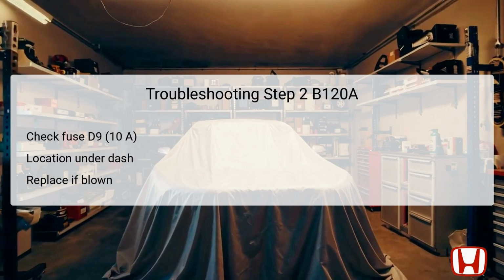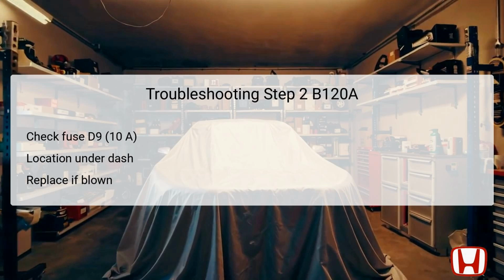In troubleshooting step 2, you will need to check fuse number D9, which is 10A and located in the under-dash fuse relay box. Start by ensuring the vehicle is off to avoid electric shock or unintended electrical issues. Inspect the fuse visually.